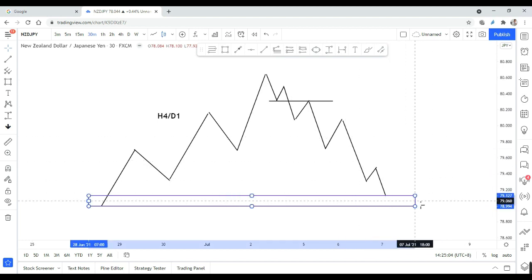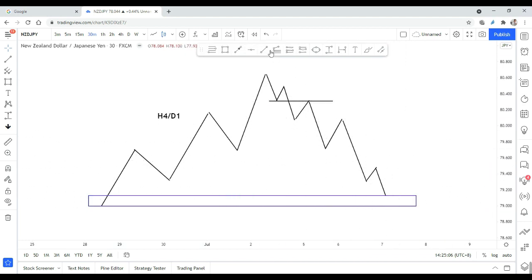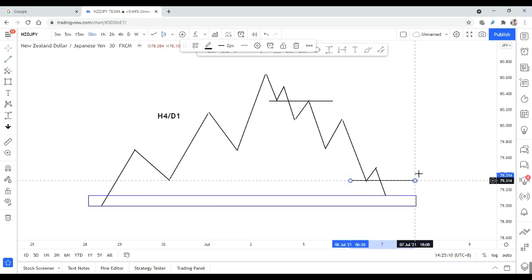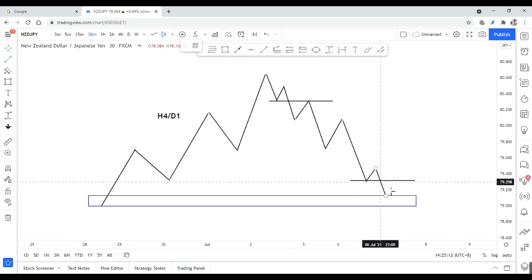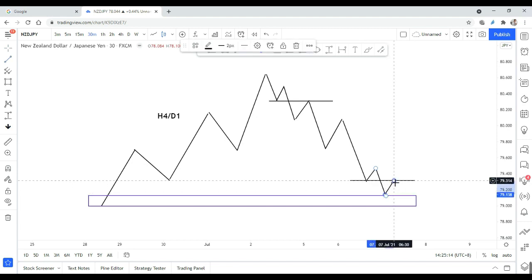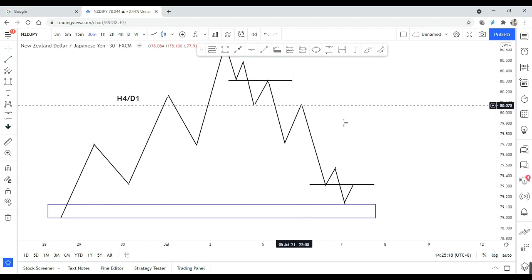Usually in this area, when the price tends to make another very nice support become resistance, I will not trade.